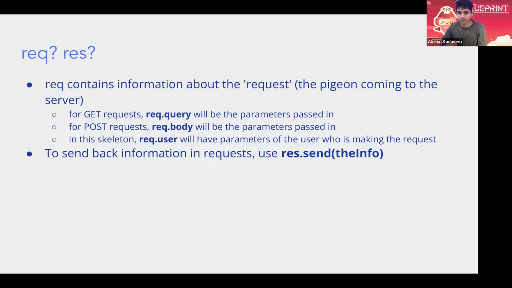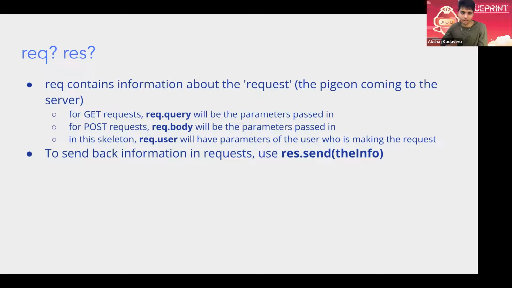Yeah, so just to deep dive into these two things, req and res. These are going to be two parameters in your server code. Req is just information about the request. So if there's any inputs in your request, like the thing that you want to post, it will be in either req.query for get requests or req.body.